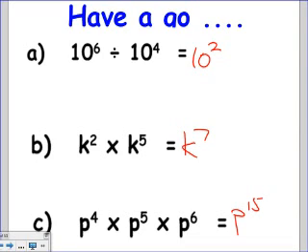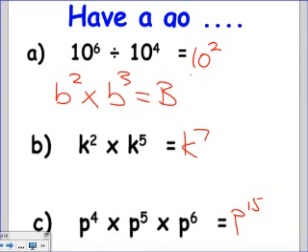One word on variables, okay? I've noticed it in the last couple of weeks when you've been doing formula and certain things. In mathematics, it's really important that you don't change the letter. And I mean, some people, if you have b squared times b cubed, are changing it to b to the 5. You can't change a lowercase into an uppercase in maths or physics or anything else because you're changing the meaning of what this is.